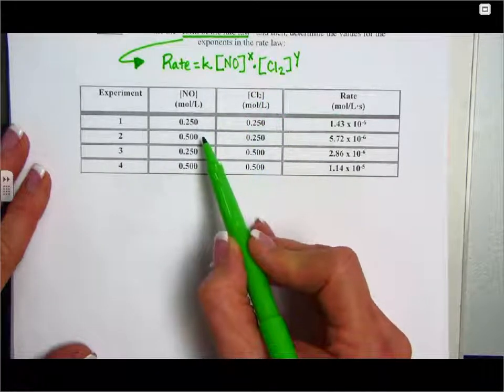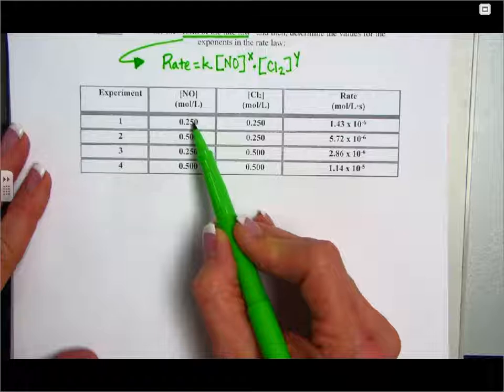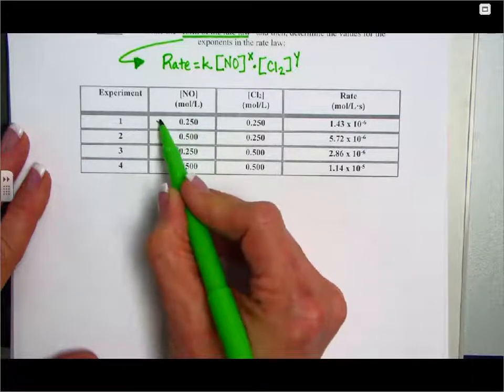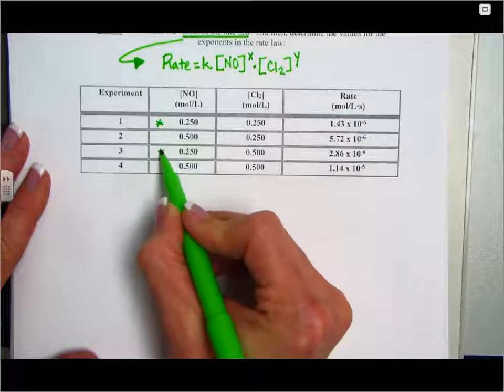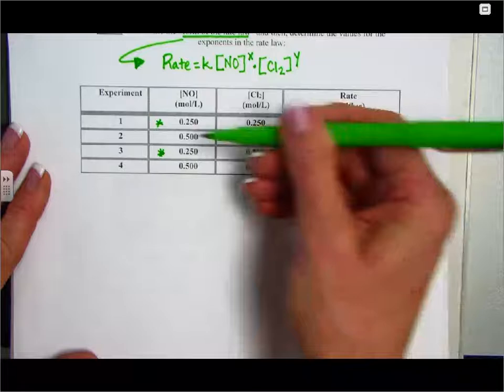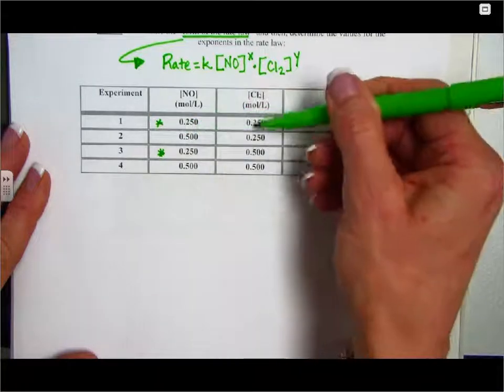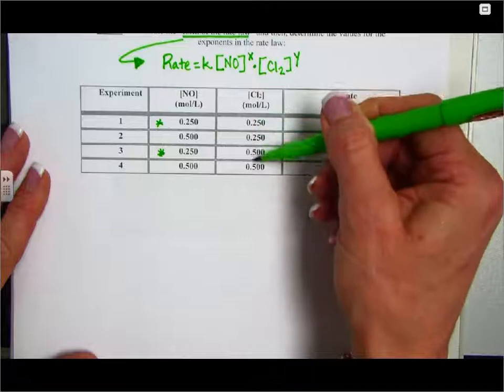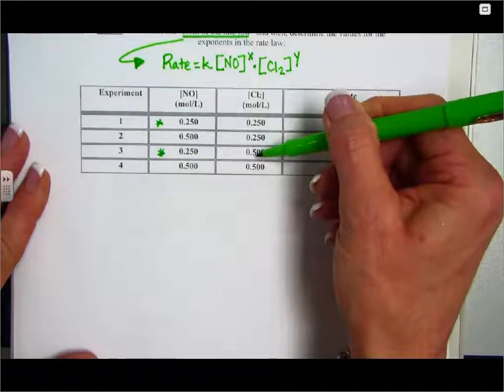So you want to find a situation where the concentration of the NO is changing, like in experiment 1 and 3. So I'm going to put an asterisk here and here. But this is constant here, and then it's changing here with the Cl2. So pick it where one of the reactants' concentrations is constant and the other is changing.